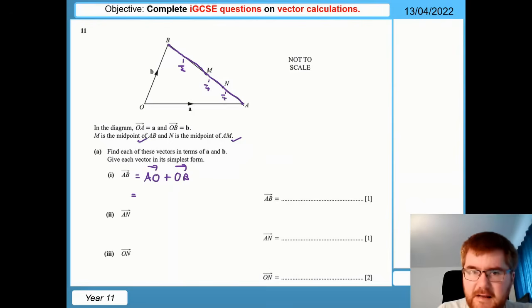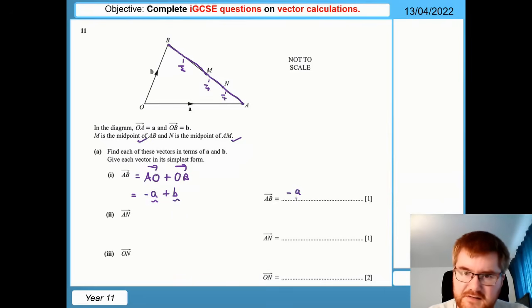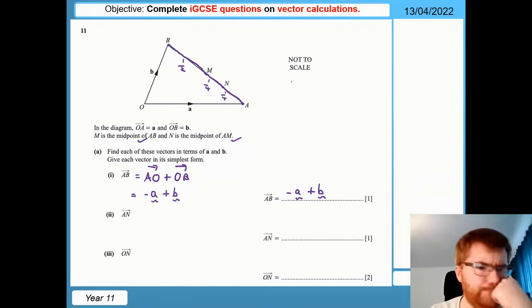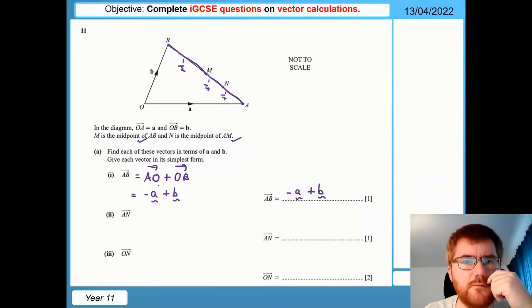Because we're going from A to O, not O to A, this is going in the opposite direction to the arrow, so we want a negative A, but from O to B we're going in the same direction as the arrow, so we want a positive B. So our answer here will be minus A plus B, or you can flip it around and put B minus A, that's also fine.